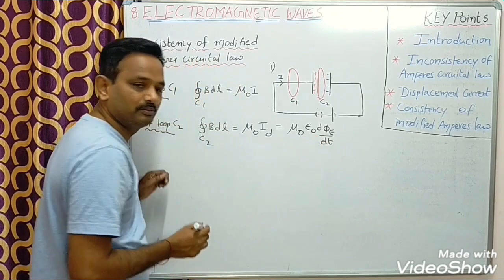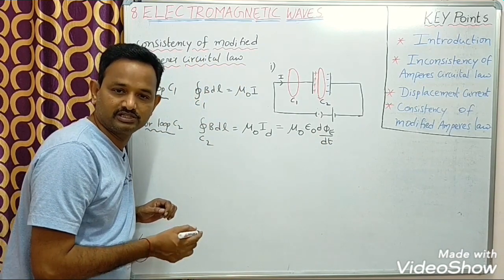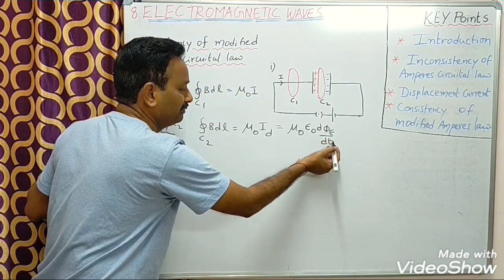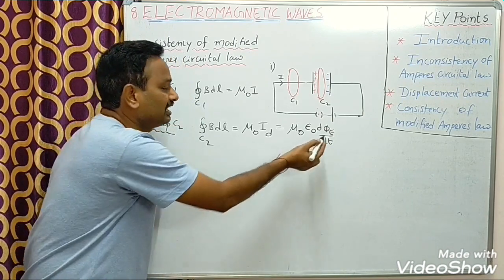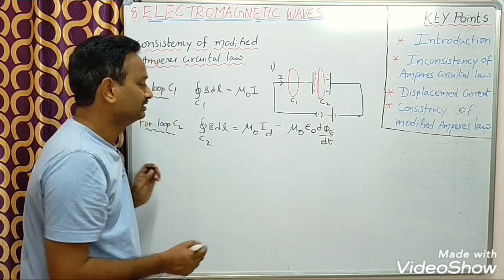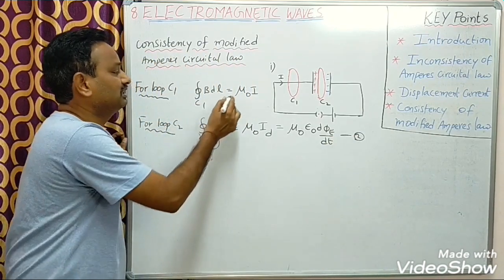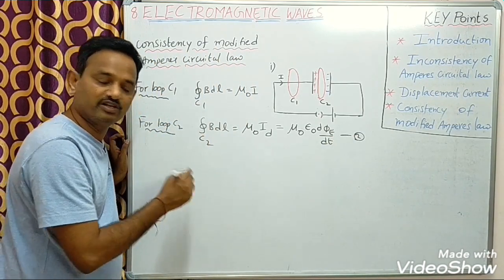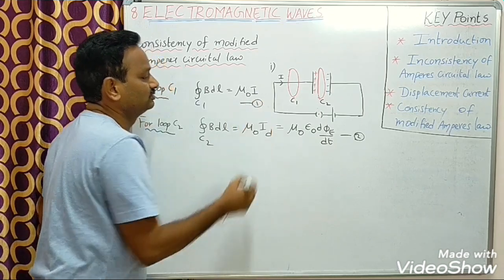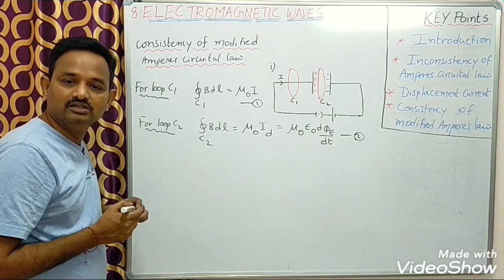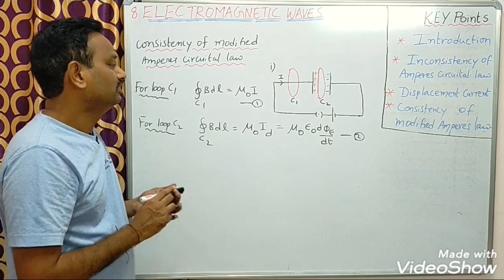Epsilon naught means permittivity of free space. D phi E by dt means change in electric flux with time. This is equation 2. The first one I will consider as equation 1.